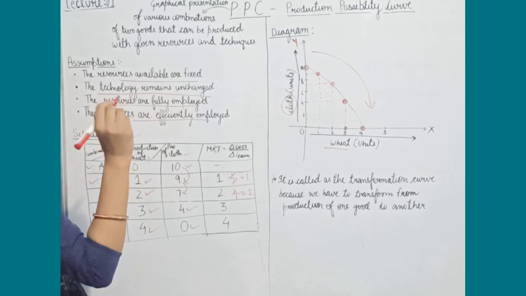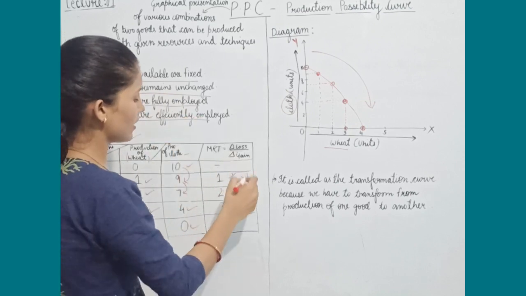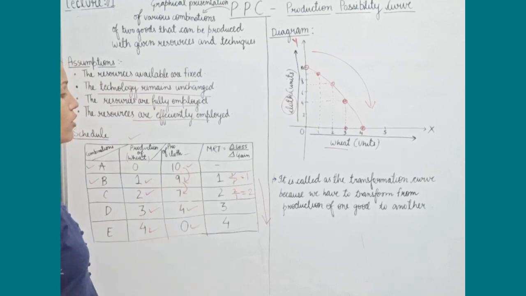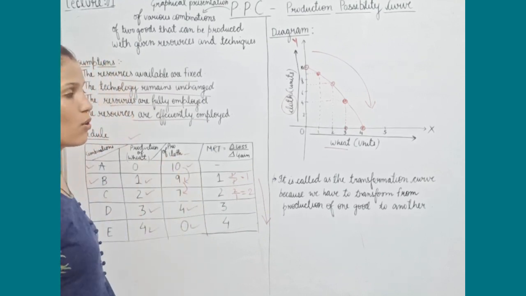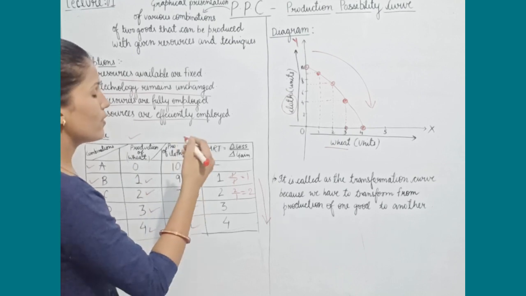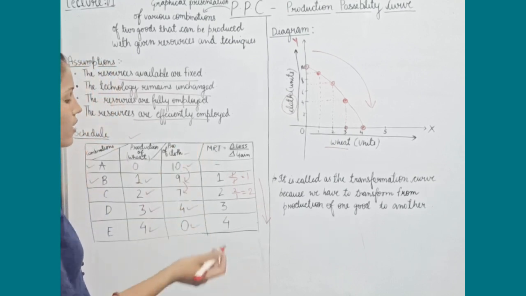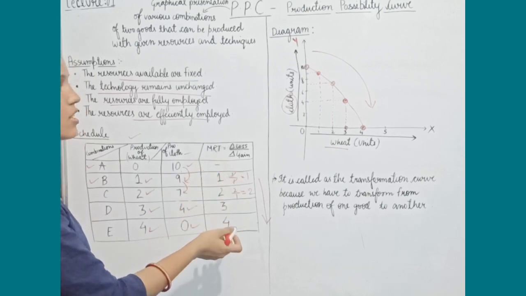This is because of the increase in the MRT. As you reduce the production of one commodity, it will increase the MRT slowly or gradually. Clear? Same way here you can see that MRT is increasing.